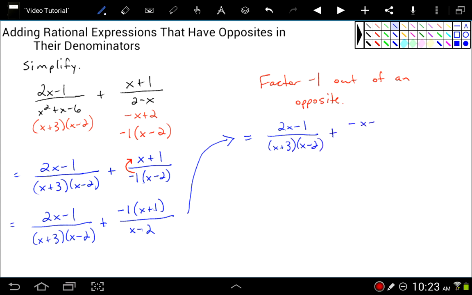So now I'm distributing my negative 1 on the second fraction on top, and now I can multiply my second fraction by a form of the number 1 to try to turn this x minus 2 into x minus 2 times x plus 3 so that my denominators will match. So clearly, I need to multiply by an x plus 3 here. But if this red fraction is going to equal 1, then the top has to be x plus 3 as well.